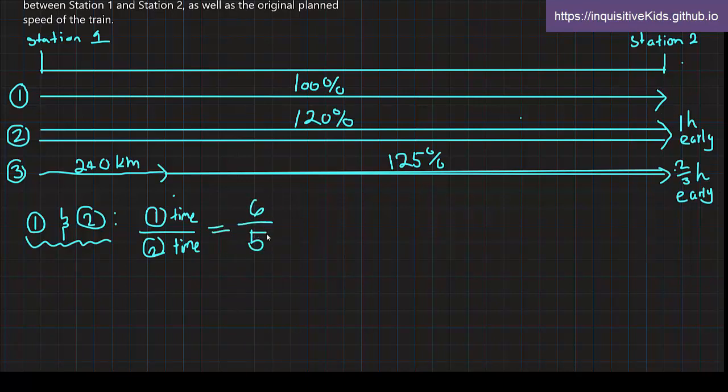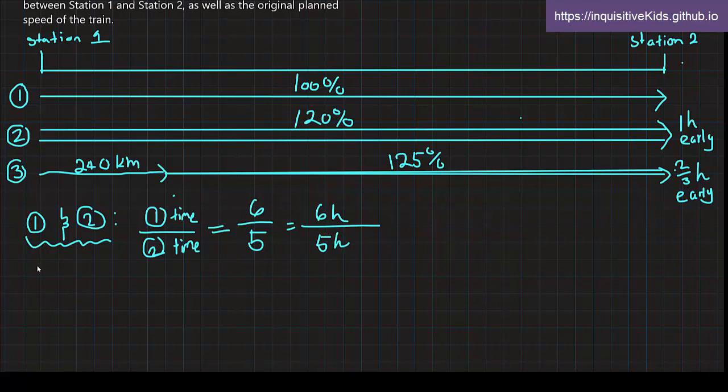Why 6 to 5? Because their speeds are 5 to 6, so their times are the reciprocal, 6 to 5. We know that this is 1 hour early, and 6 and 5 are already 1 apart. So this represents 6 hours to 5 hours.